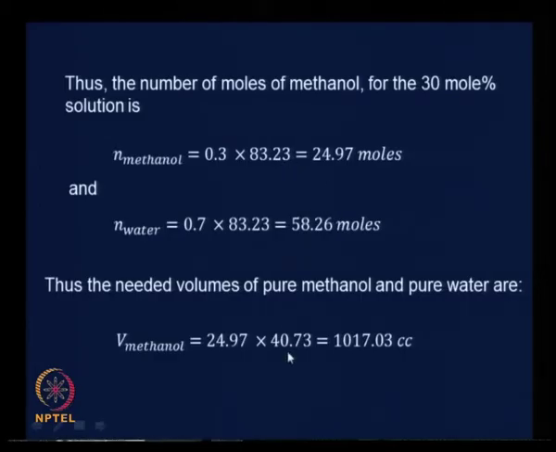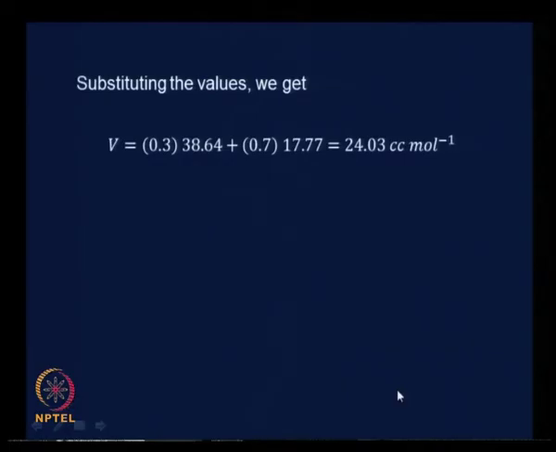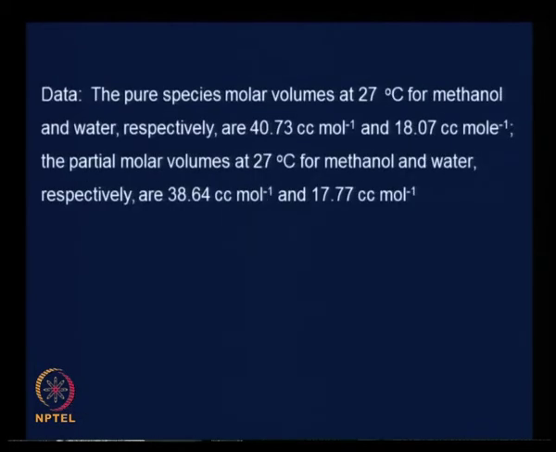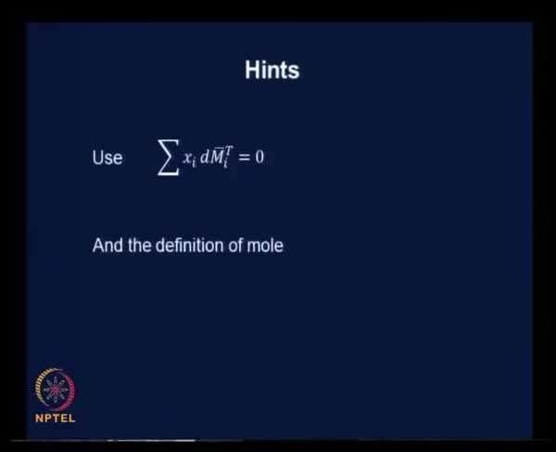This is the number of moles, and this is the molar volume that was given to us right in the beginning. Let us go back and just check it out here. Yep, the molar volume of methanol was 40.73 centimeter cube per mole, and the molar volume of water was 18.07 centimeter cube per mole. So, the number of moles times the molar volume will give the volume of the pure component, and that is what we are doing here.